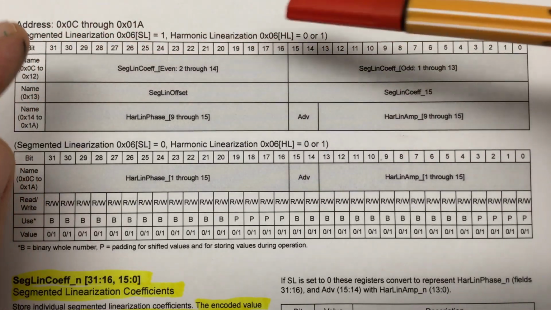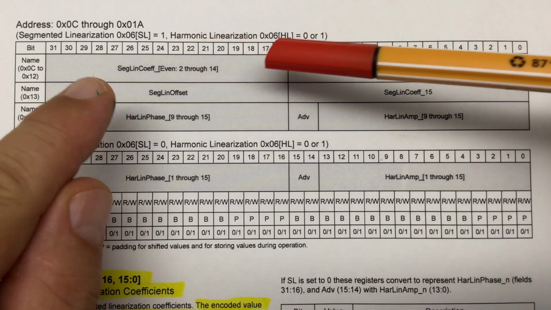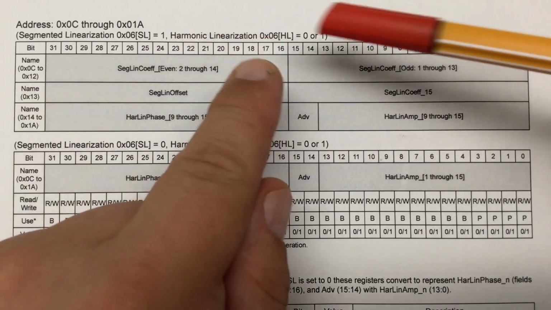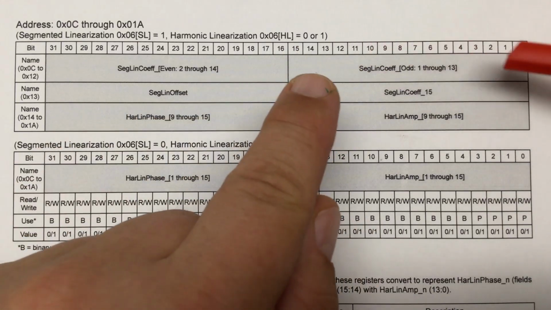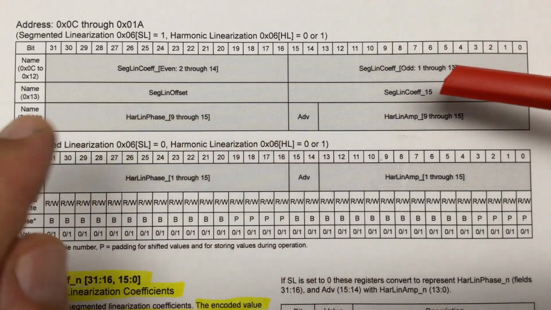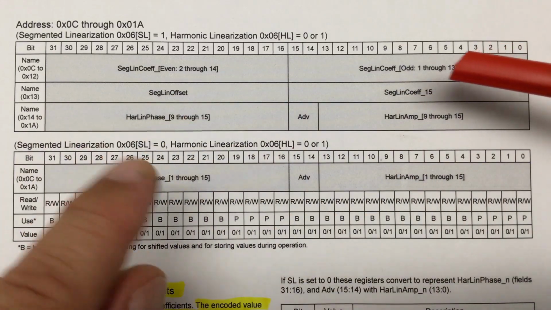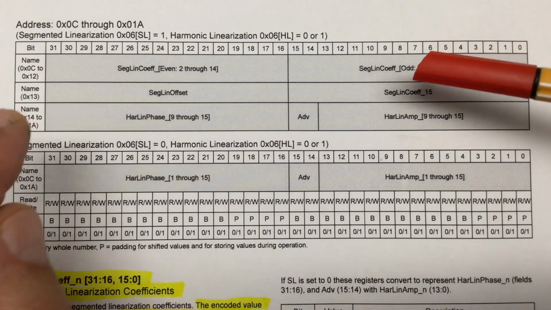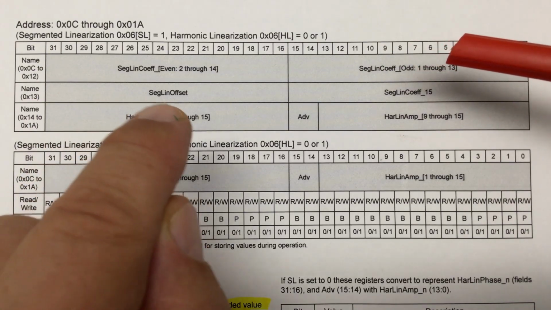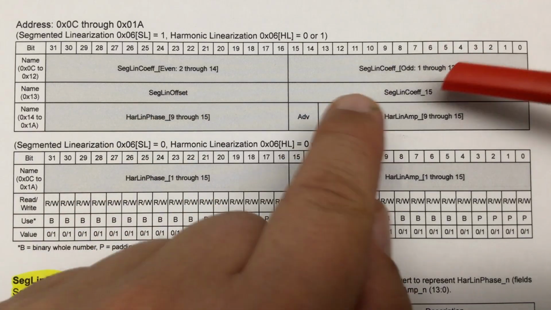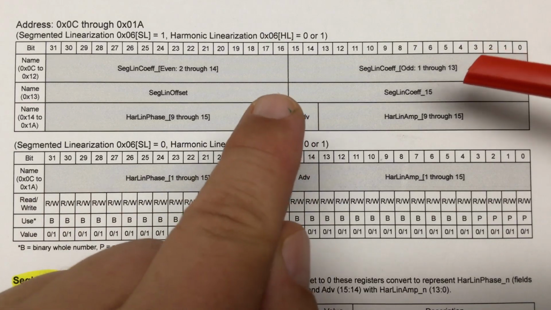So the two most significant bytes will hold the even numbered coefficients, and the two least significant bytes will hold the odd numbered coefficients. We already saw in the last part that exception here because the two most significant bytes at memory location 13 really contain the segmented linearization offset, and then coefficient 15 is stored in the two least significant bytes.